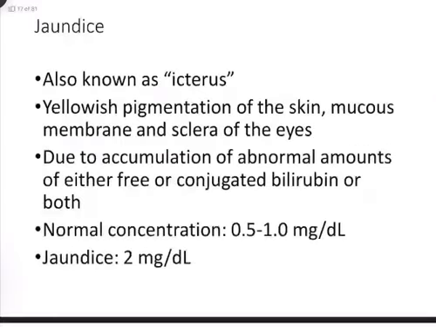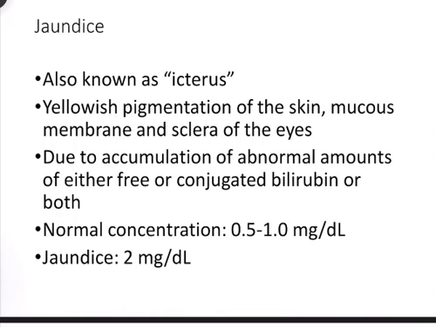Then jaundice, a term also known as icterus. This is a condition wherein yellowish pigmentation occurs in your skin, mucous membrane, and even in the sclera of your eye. This is due to the accumulation of abnormal amounts of either free or conjugated bilirubin, or both forms of your bilirubin.